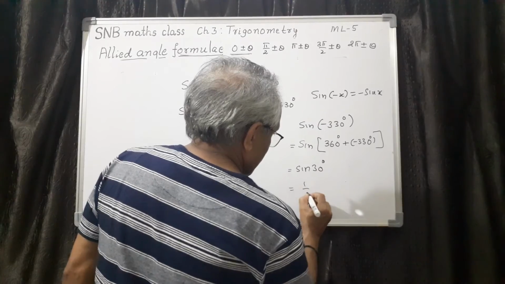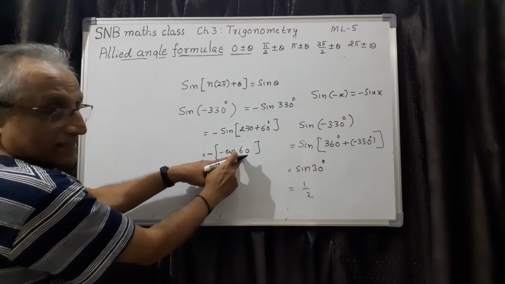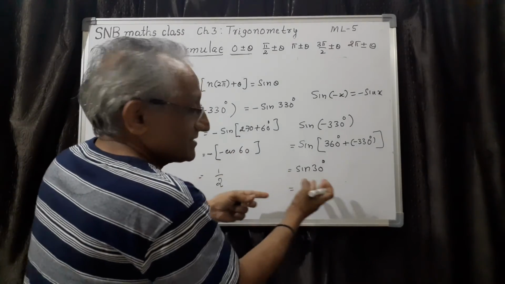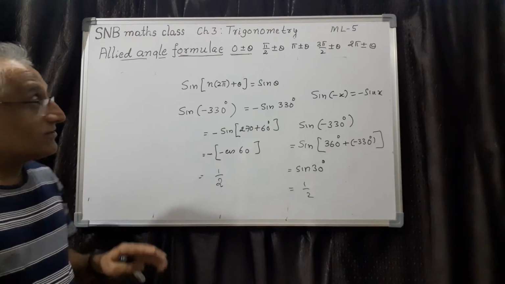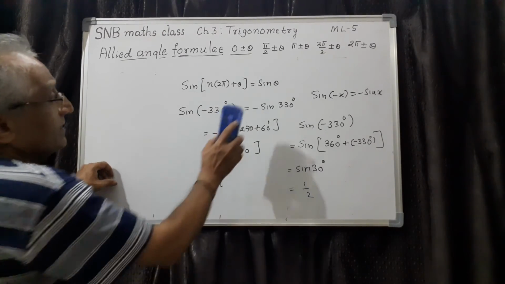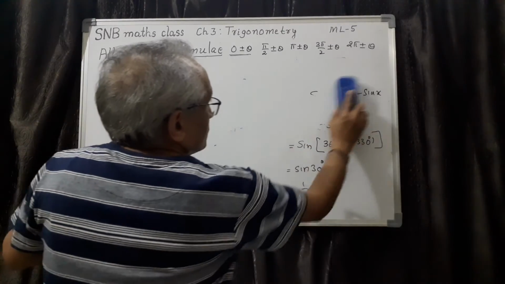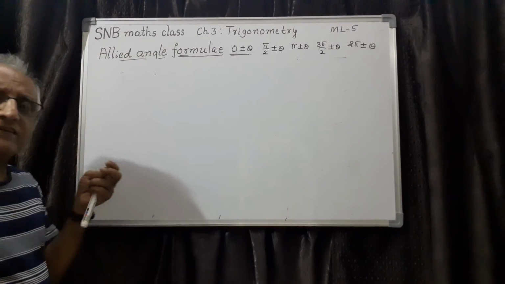But sine 30 is half. Ultimately, value will not change. You may be getting cos 60 or sine 30, because cos 60 and sine 30 are one and the same. So this is the advantage of this allied angle rules. So any angle, very big angle given, you can definitely convert into required angle. If it is a standard angle, you can definitely find it.